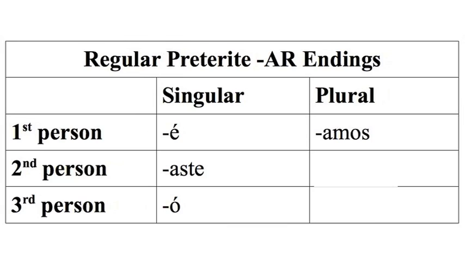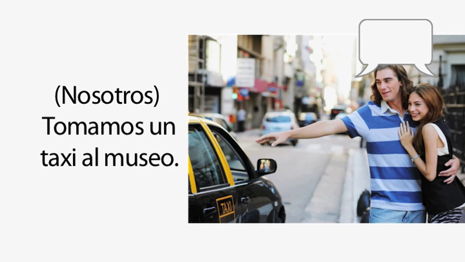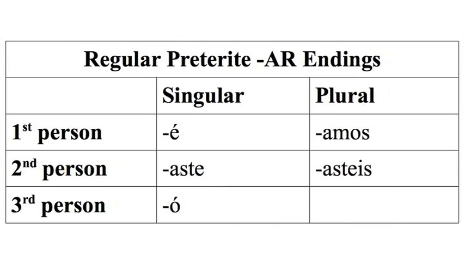You already saw the ending for the first person plural. Amos, the exact same ending as simple present indicative, so watch out for context clues to figure out what tense is on that one. Tomamos un taxi al museo. For the second person plural in Spain, you will use a form very similar to the second person singular with a little twist.